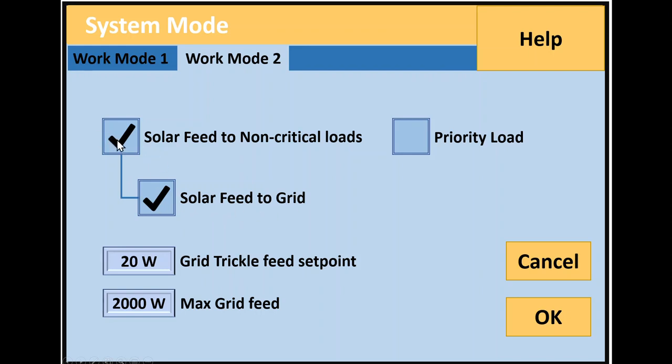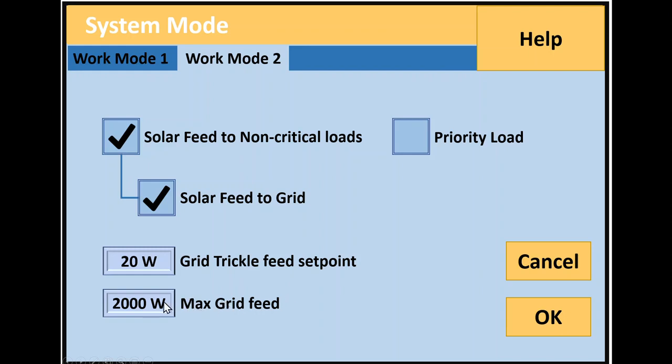You can't tick that without that because it's a physical impossibility, and SunSync should prevent you from putting a tick there if that isn't ticked. Now, of course, if you've got that one ticked, then this becomes a valid number, because that is the maximum amount of power that you can feed back to the grid. If this is 0, then it is the equivalent of not having a tick there.